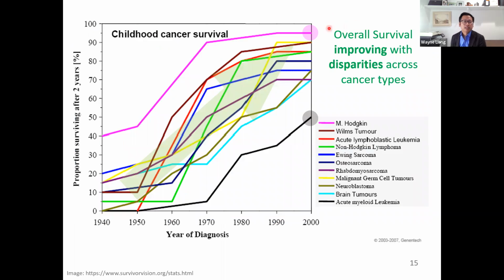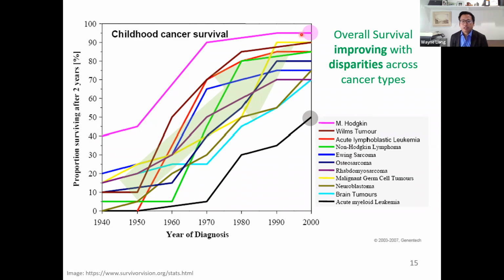It has worked. So over decades, to understand this graph, these are decades, and on the y-axis is survival rates. So higher is good. And you can see for each cancer type that we're dealing with, there's an overall trend, as you can see with this green arrow, of rates going up. For Hodgkin's lymphoma, it went from 40% survival in the 1940s to now almost 100%, 95% for all comers.